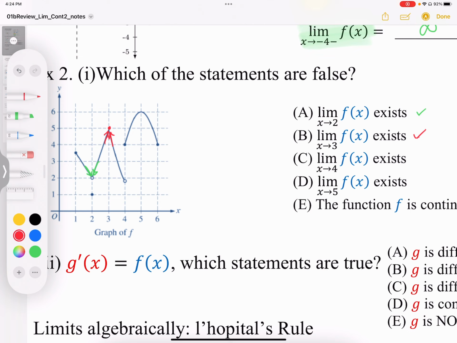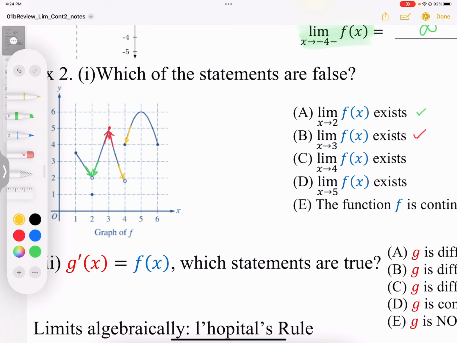For C, we're approaching x equals 4 from both sides. Although it's not defined from that side, that's okay. There's a limit from the left side and a limit from the right side. As it approaches 4 from the left side, it equals 2. Approaching 4 from the right side, it equals 4.